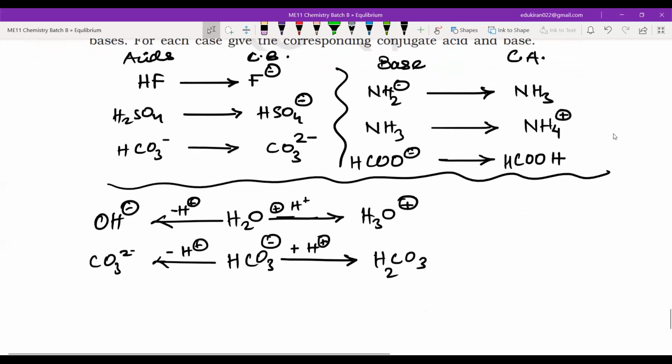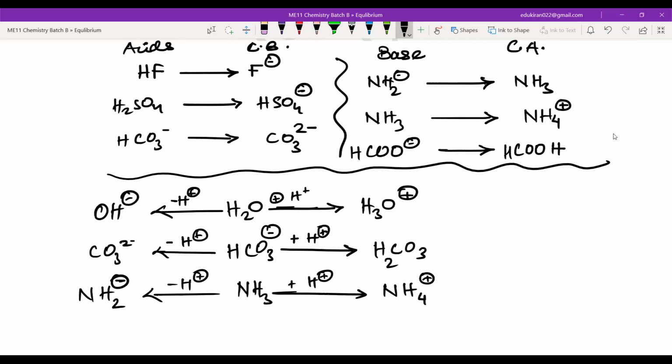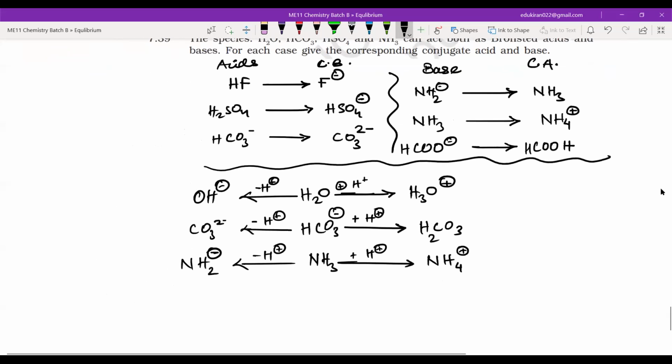Then we have NH3. If I add H plus, it will become NH4 positive. If I remove H plus, it will become NH2 negative. So this is the whole thing about conjugate acids and conjugate bases.